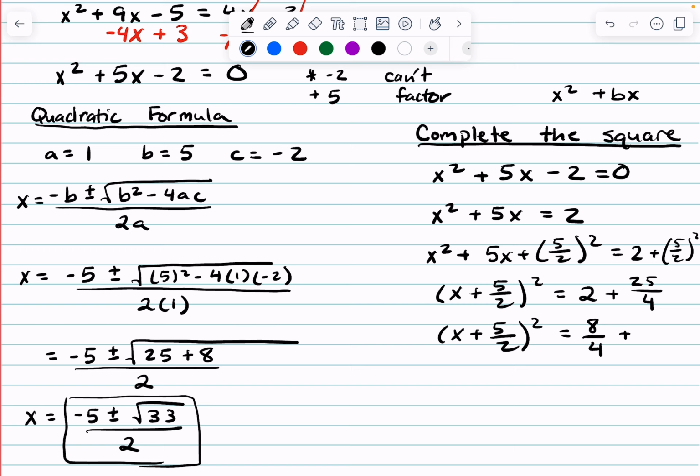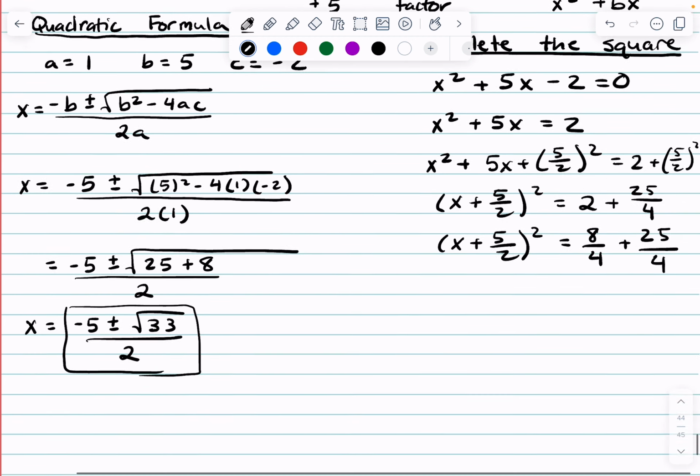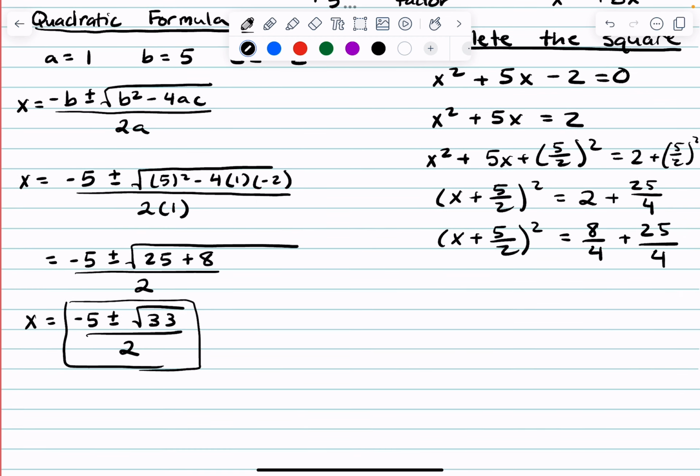And I want that 4 there because we have 25 over 4, and we want that common denominator. So now that we have our common denominator, we can just combine our numerators together, and we'll get 33 over 4.